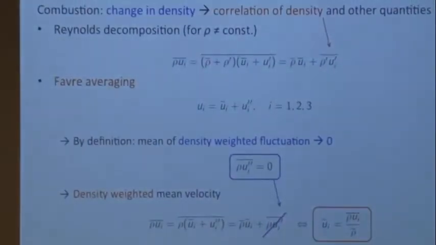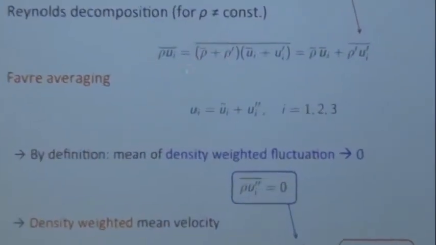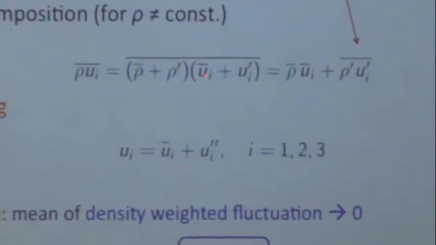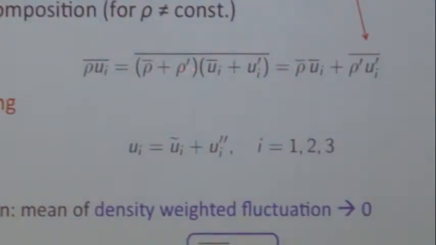Now, if you decompose these, rho is rho mean plus rho prime, and u is u mean plus u prime. Then you multiply this out, and you actually get 4 terms: rho mean times u mean, rho prime times u prime, rho mean times u prime, and rho prime times u mean.